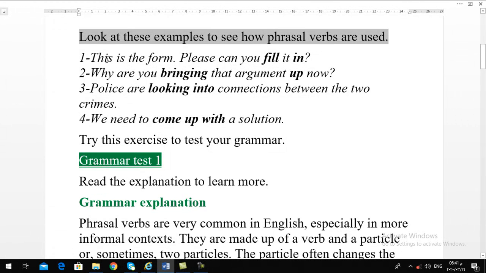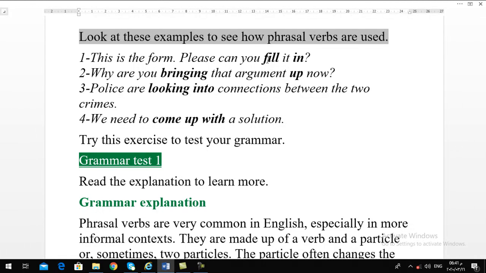Number one, this is the form. Please, can you fill it in? Fill means to put things in a container until the top, till it gets full.